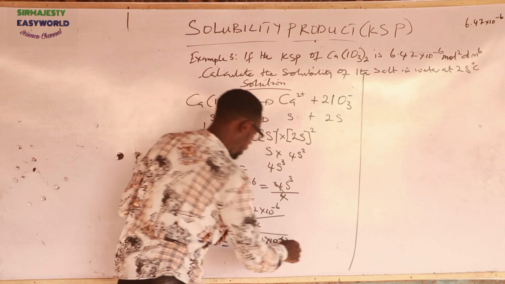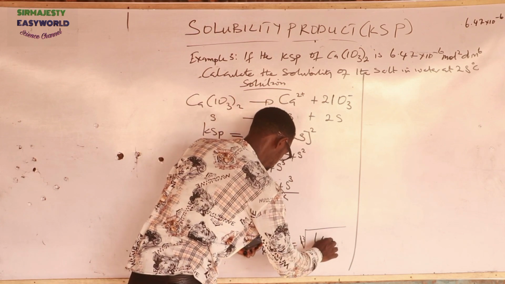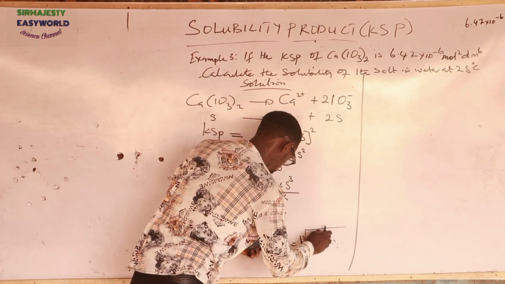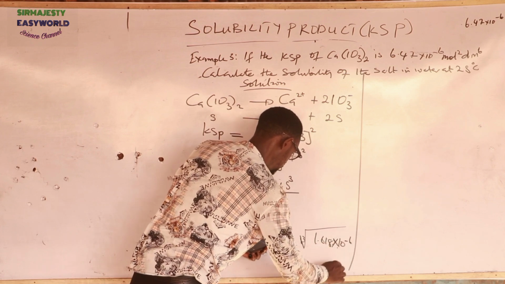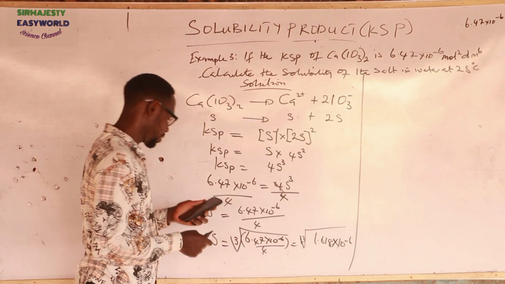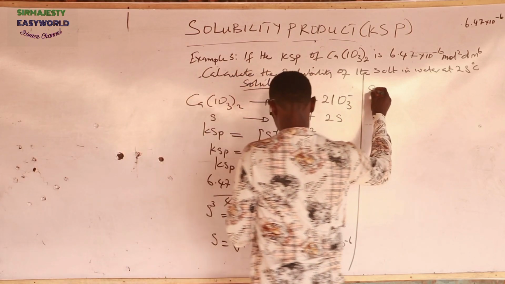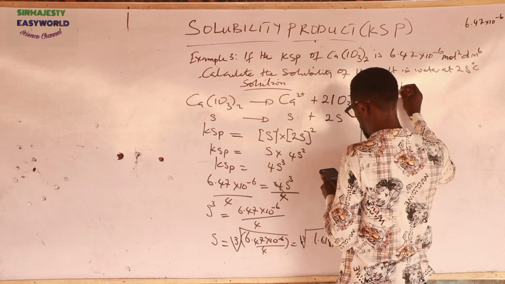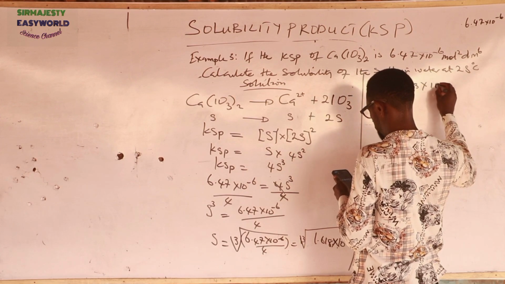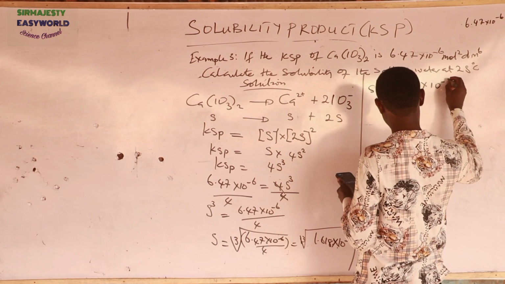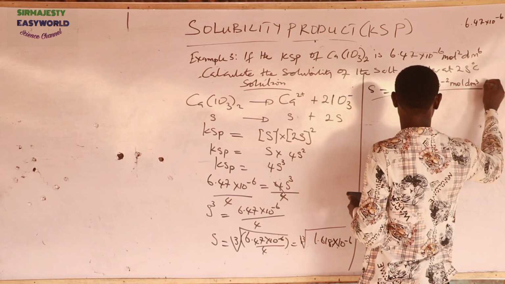So you will have cube root of 1.617 or 1.618 times 10 raised to power minus 6. Okay, and the cube root is our answer. Solubility in mole per dm cube of the salt is now 1.23 times 10 raised to power minus 2 mole per dm cube. This is our final answer.